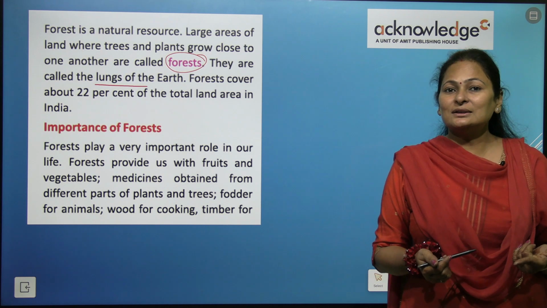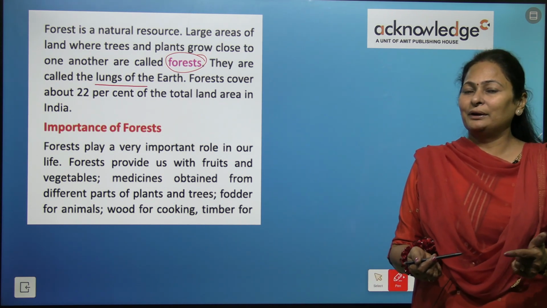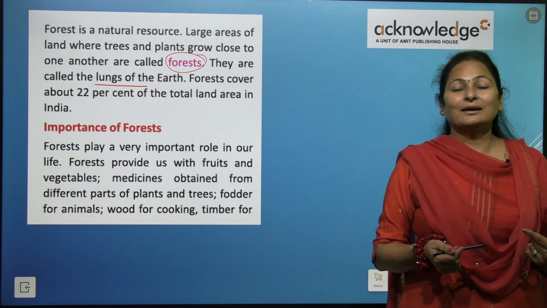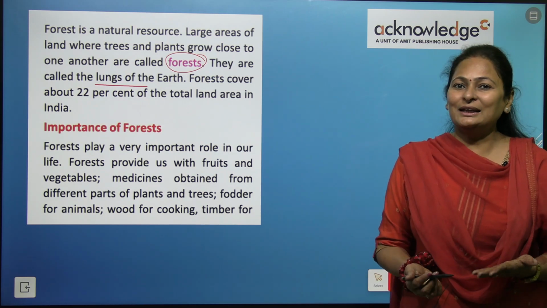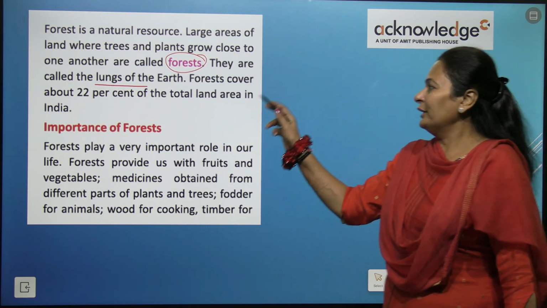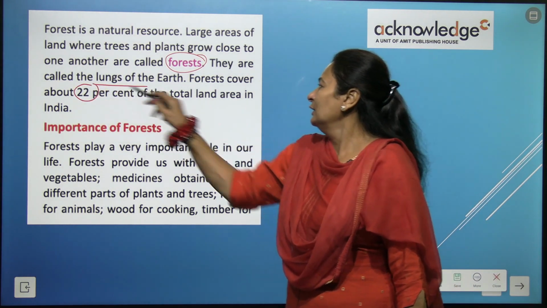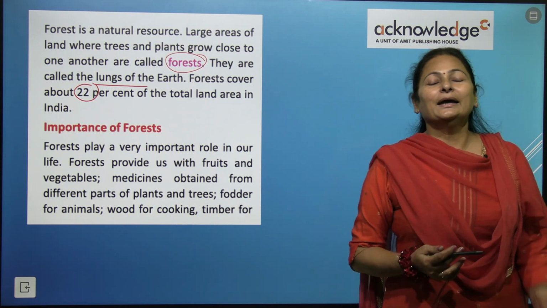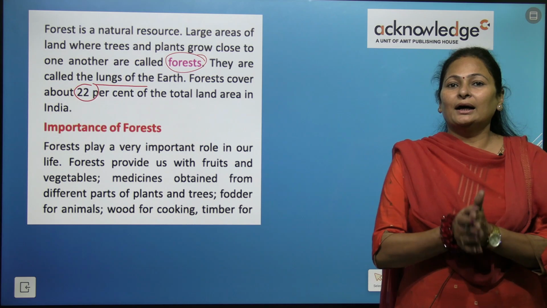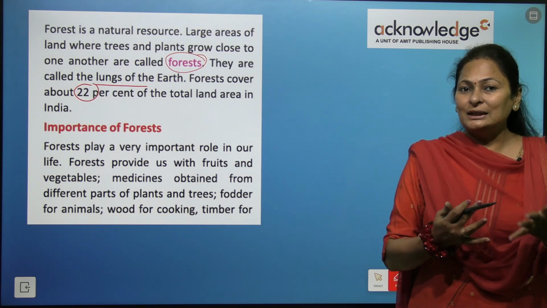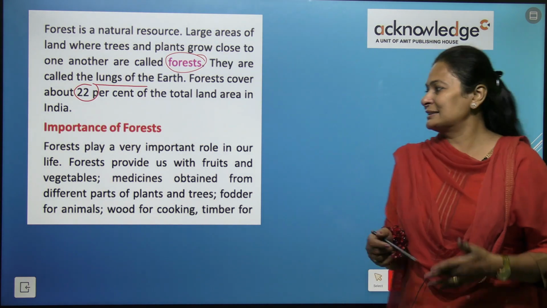Very good, they release oxygen, and we take in oxygen and release carbon dioxide. So plants are the lungs of the earth, and our lungs work because of these plants, right? Forests cover about 22% of the total land area in India. Out of the total land area of India, 22% is covered by forests, right?